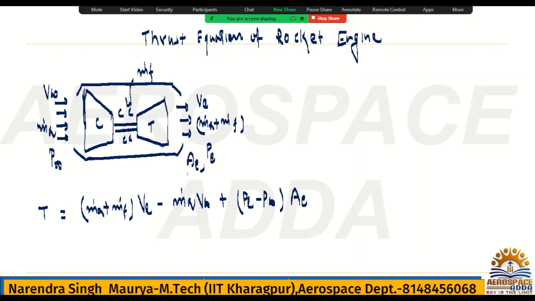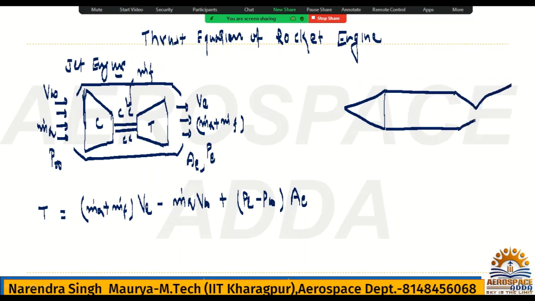This was the thrust for the jet engine. Okay, now going to the rocket engine. This is the rocket engine.